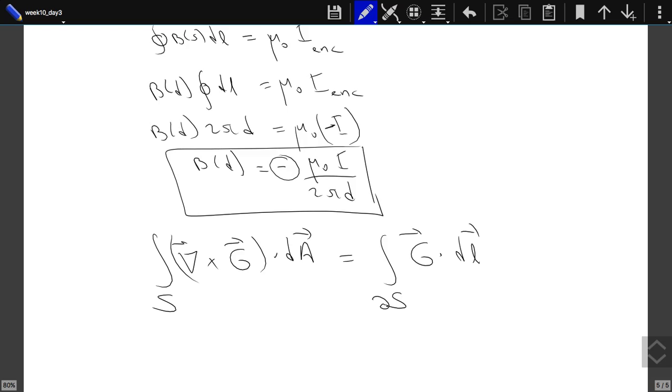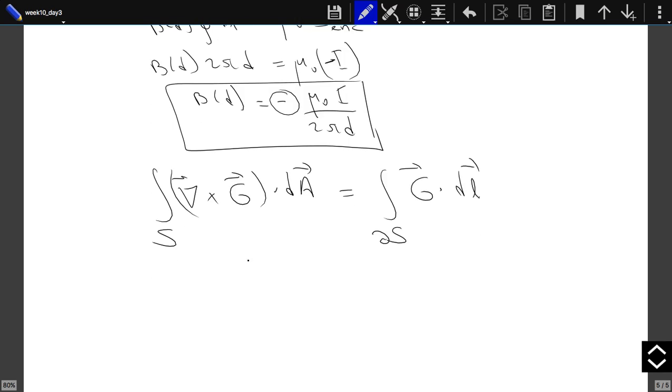The important thing is that you have to choose a direction for your area vectors and a direction for your dl vectors, and your choice has to be consistent with each other. If your area vector is pointing in this direction, this is your dA, then your thumb points in the direction of dA, and your fingers point in the direction of dl.